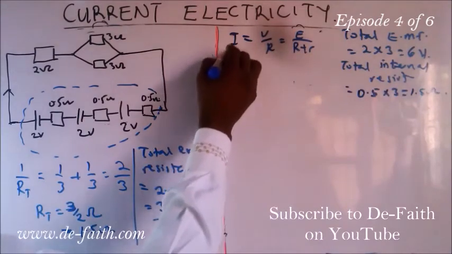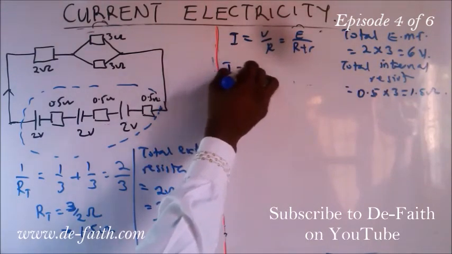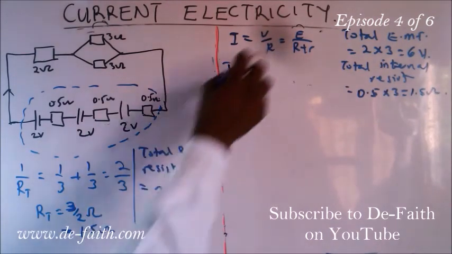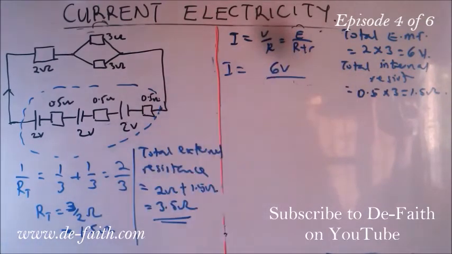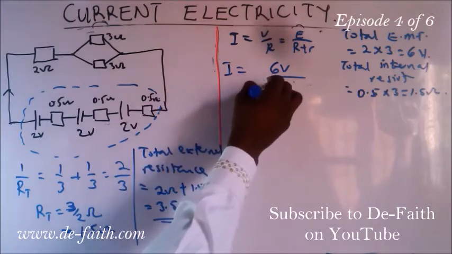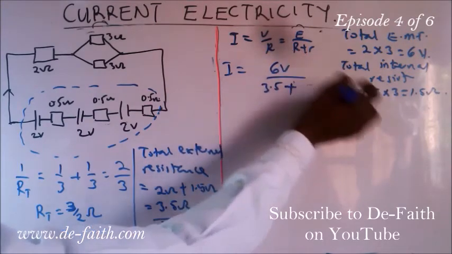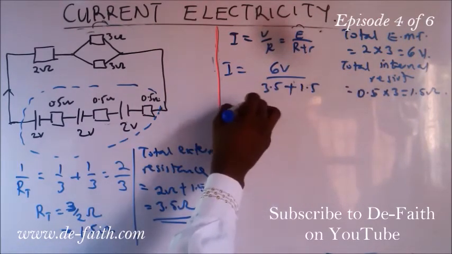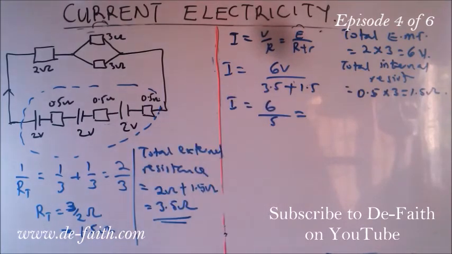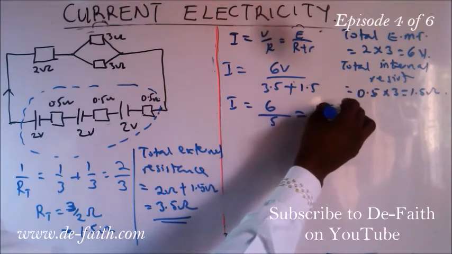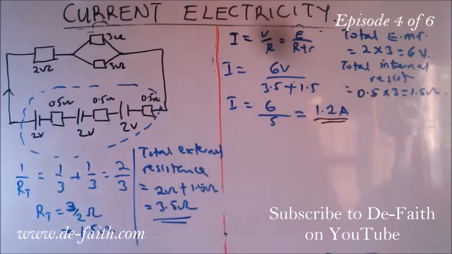With that done, we have our current, which is what we are looking for, the current flowing in the circuit, equal to the total EMF, that is 6 volts, over R, that's 3.5, plus the small r, which is 1.5, and that gives 6 over 5. So the current flowing in the circuit will be equal to 1.2 ampere. That has been done. Move on to C. C says we should calculate the lost volts in the battery.